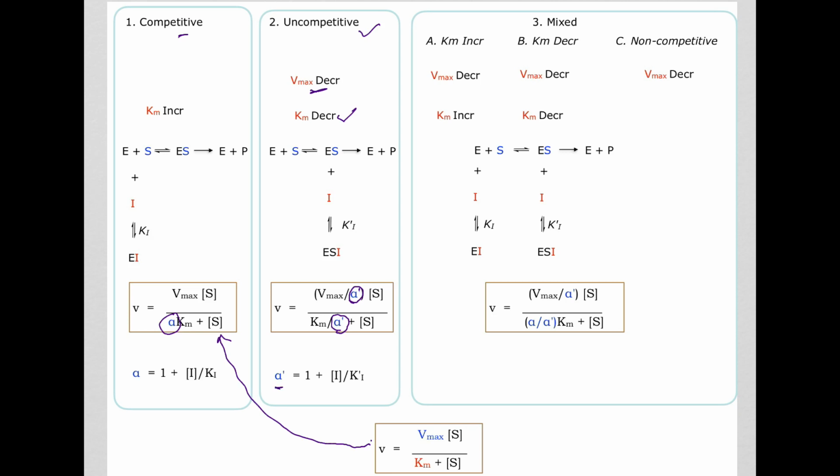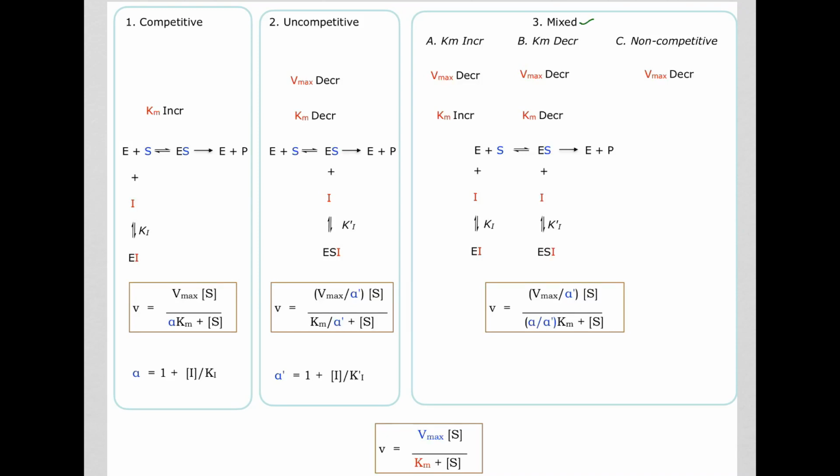And alpha prime is again 1 plus the concentration of inhibitor divided by the inhibitor constant for the uncompetitive inhibition. So the Michaelis-Menten equation is modified into this form when we talk about uncompetitive inhibition.